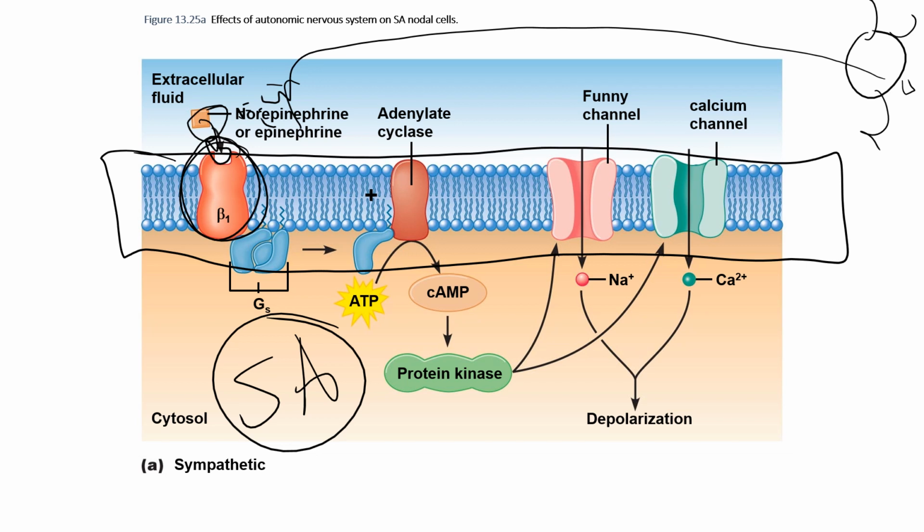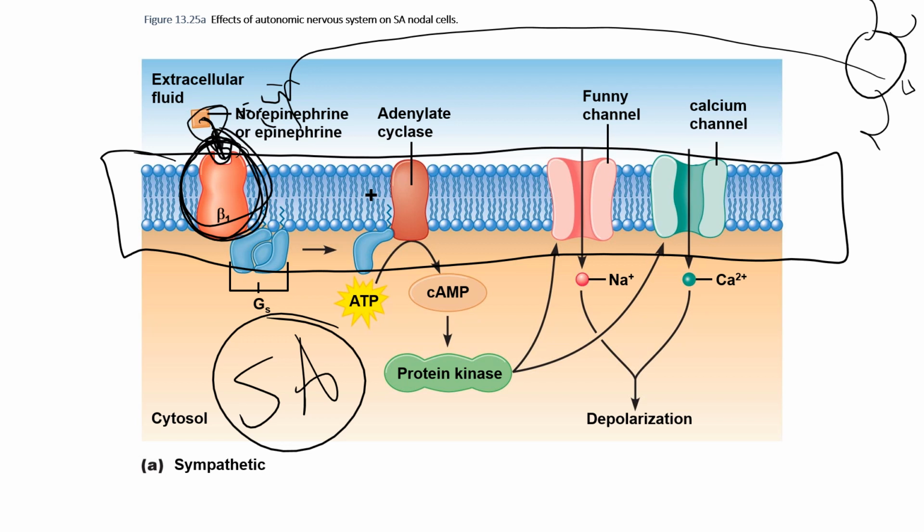And these adrenergic receptors that bind norepinephrine cause intracellularly a G protein pathway to occur. Another way of saying that, maybe more simply, is that when norepinephrine that's released from the sympathetic autonomic motor neuron binds to this adrenergic receptor on the sinoatrial node fiber, that will activate intracellularly a G protein pathway, specifically a cyclic AMP G protein pathway.